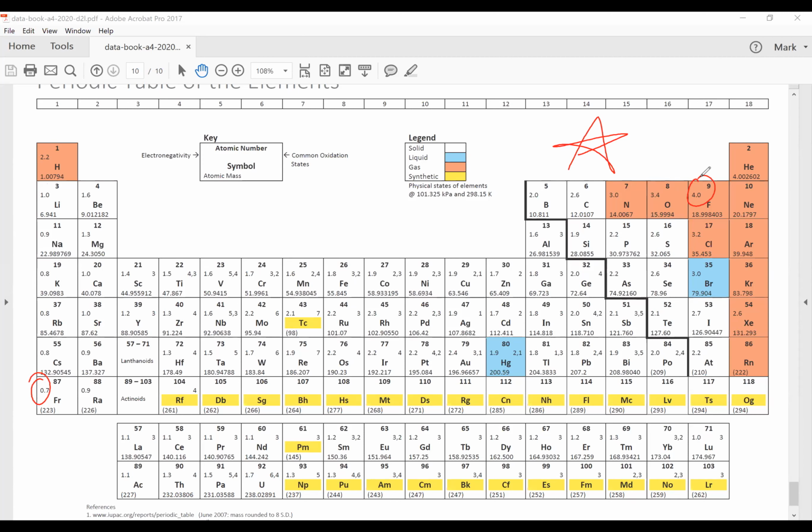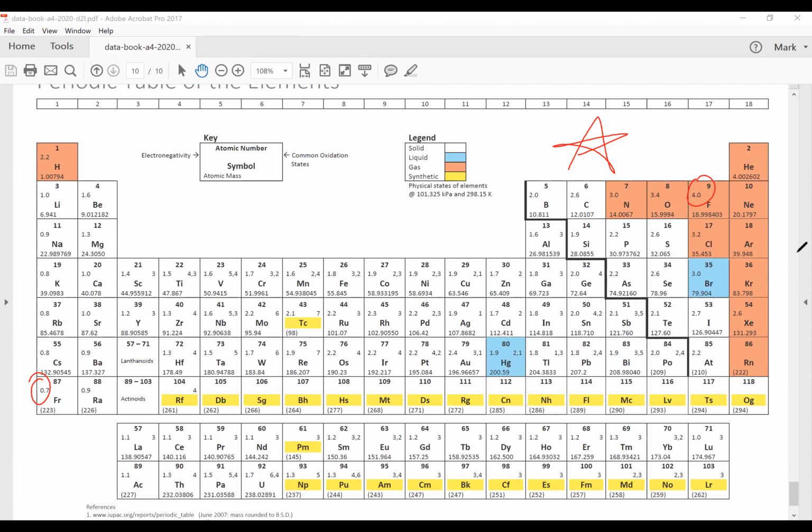So if you look at this periodic table, the highest number of electronegativity is fluorine with 4. That means fluorine, out of all of the elements on the periodic table, is the most attracted to electrons.